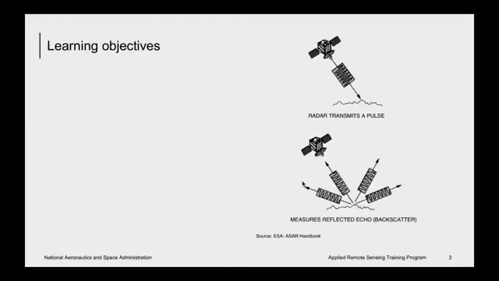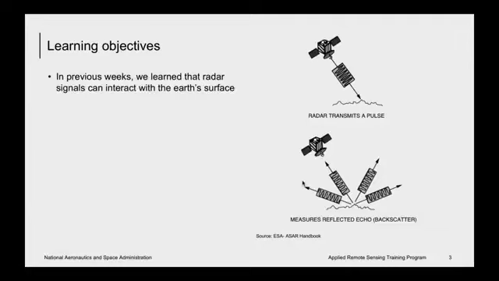So what are our learning objectives today? We saw from session 1 and session 2 that radar signals can interact with the Earth's surface. So essentially, the radars illuminate targets on the ground, and then they record the received energy that's also called backscatter.